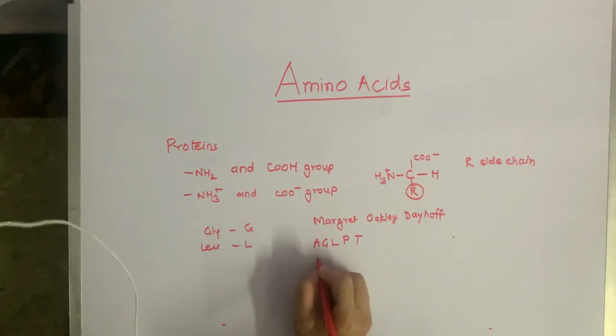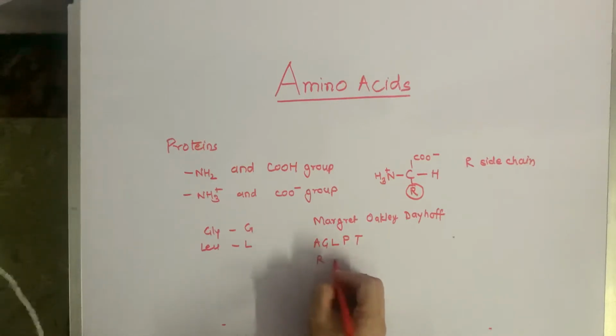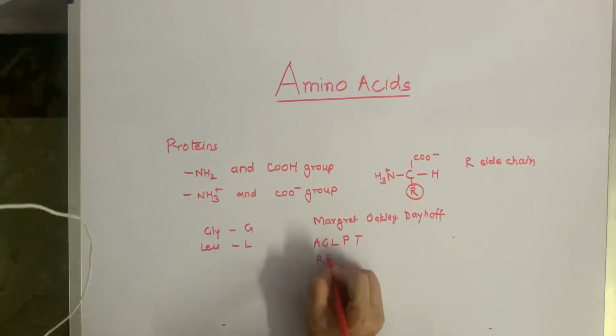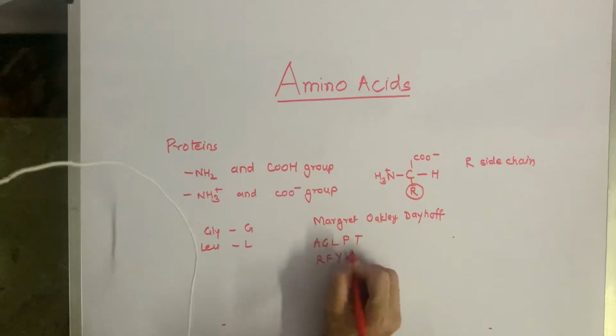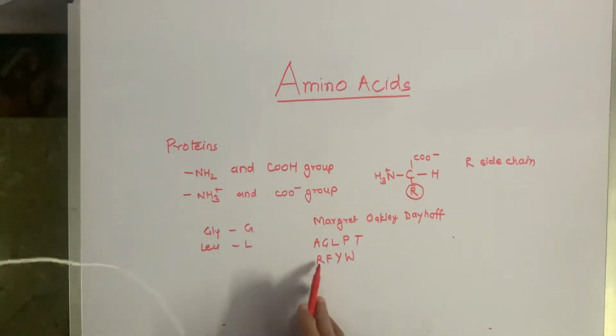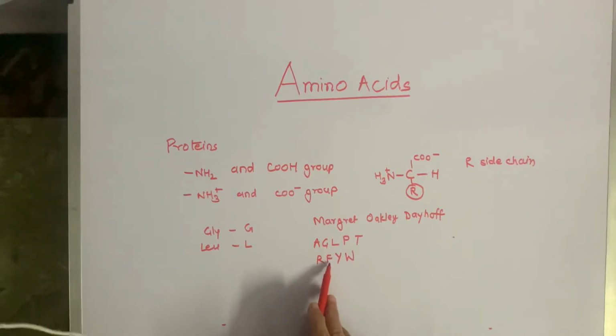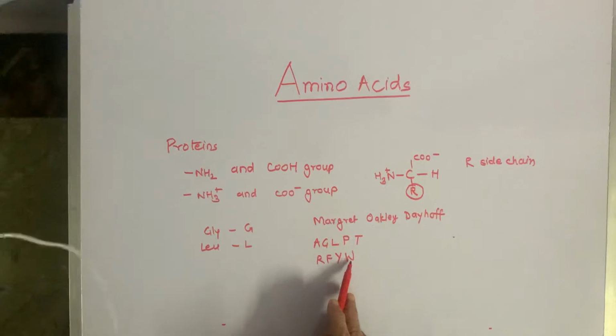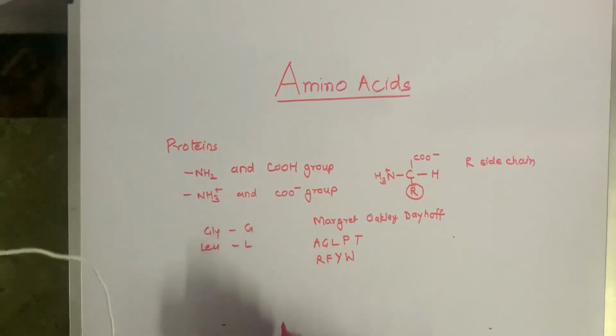Another set of amino acids is R, F, Y, W. R is for arginine, F is for phenylalanine, Y is for tyrosine, and W for tryptophan.